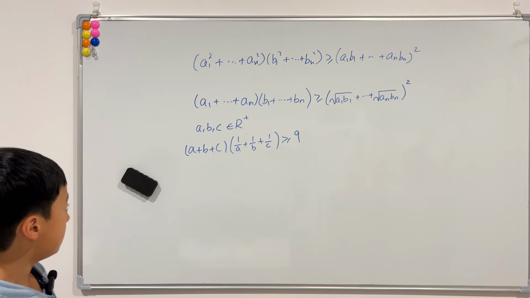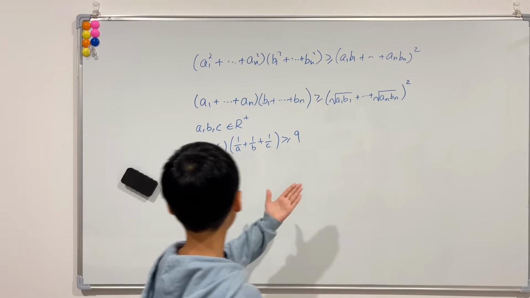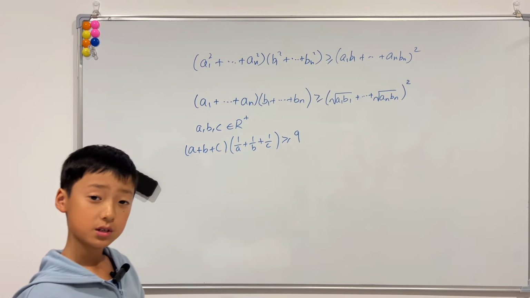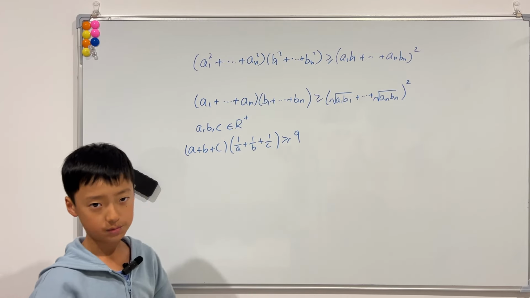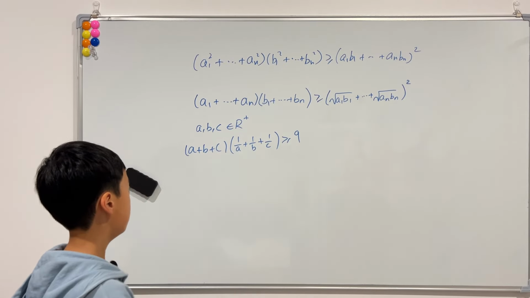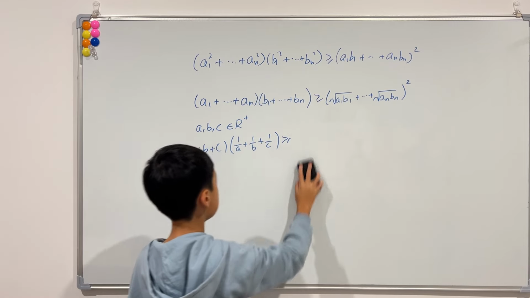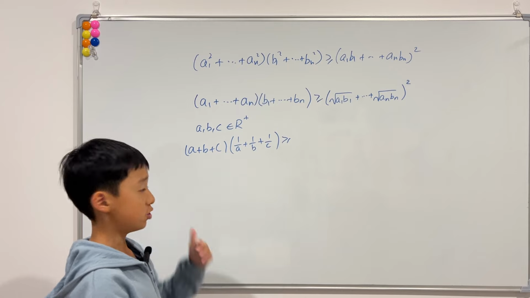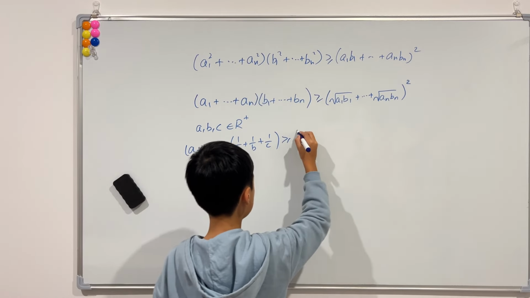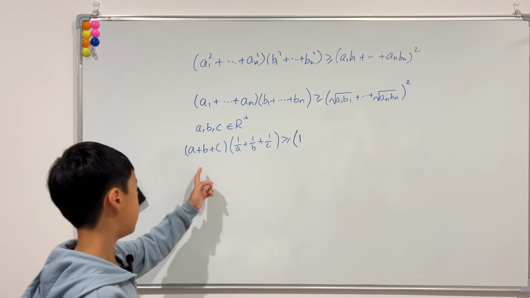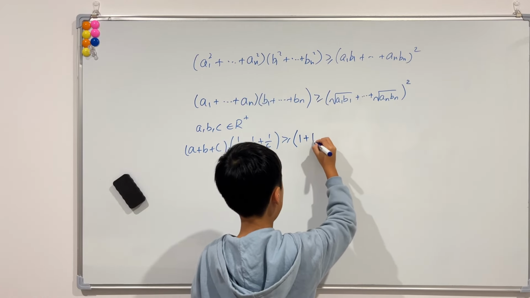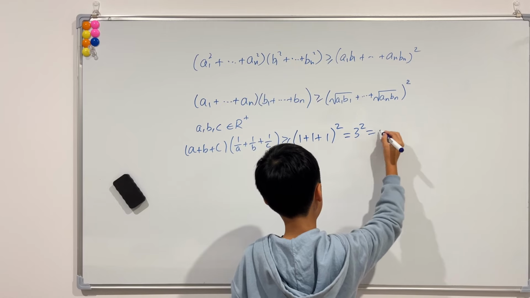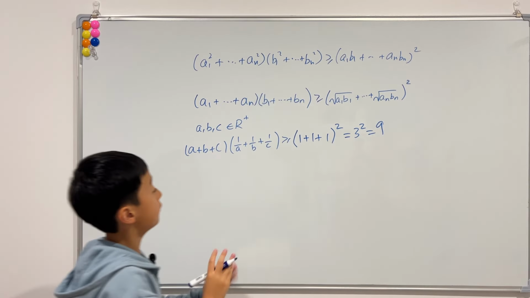So as we can see, the Cauchy formula is the product of 2 sums. This is also a product of 2 sums. So we can use the Cauchy formula. So instead of 9, I write this is greater than or equal to the square root of this times that, which is 1. So the square root of 1 is 1. And same for the others, plus 1, squared, is equal to 3 squared, which is 9.